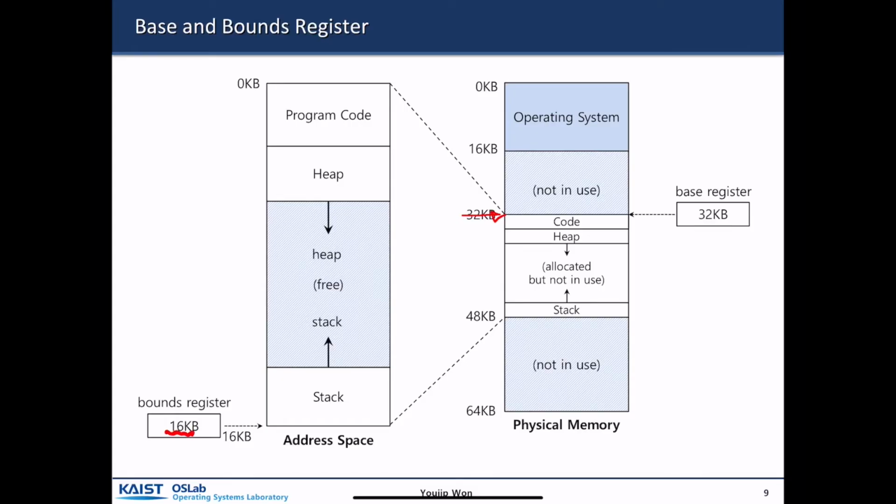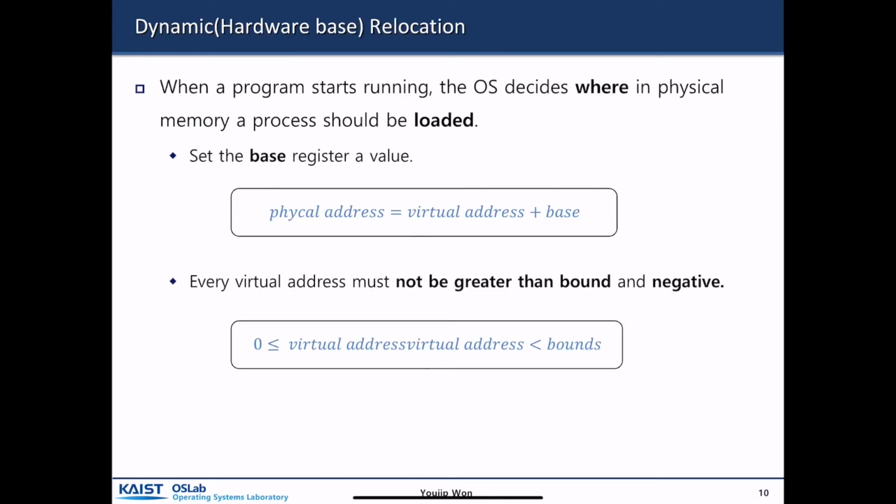In this example, the base register value is 32 kilobytes, which is the start address where the virtual address space is loaded into physical memory, and the bound register denotes the size of the virtual address region, which is 16 kilobytes. So in dynamic relocation, when a program starts running, the operating system decides where in physical memory the process address space should be loaded, and then it sets the base register value.